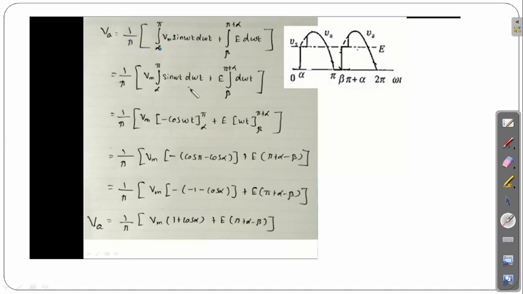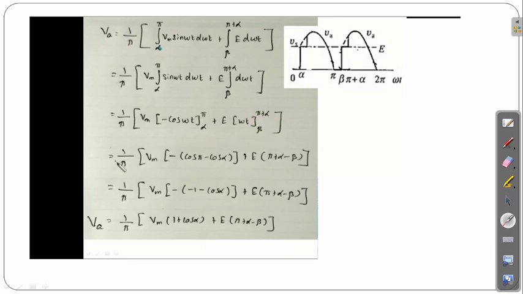Vm sin omega t integrates to minus cos omega t. If we integrate d omega t, it comes as omega t with the limits pi plus alpha and beta.